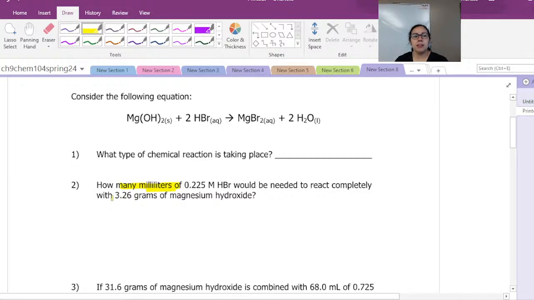What do we need? So I don't think we need the HBr molecular weight just because we have the molarity. But what do we need the molecular weight of? Yeah, so do we get that molecular weight? Any takers?